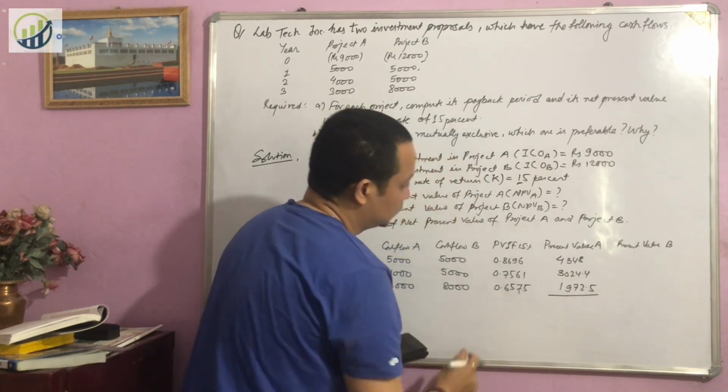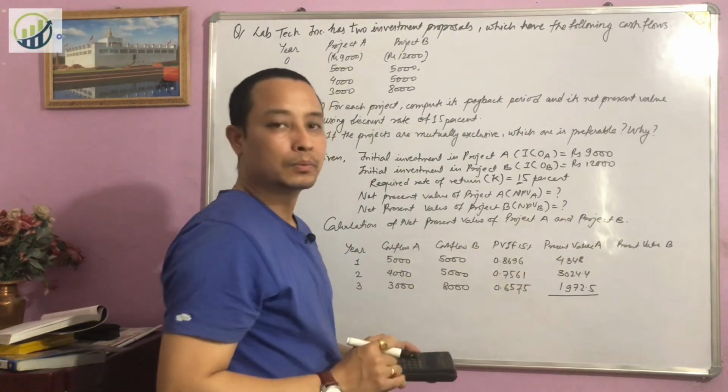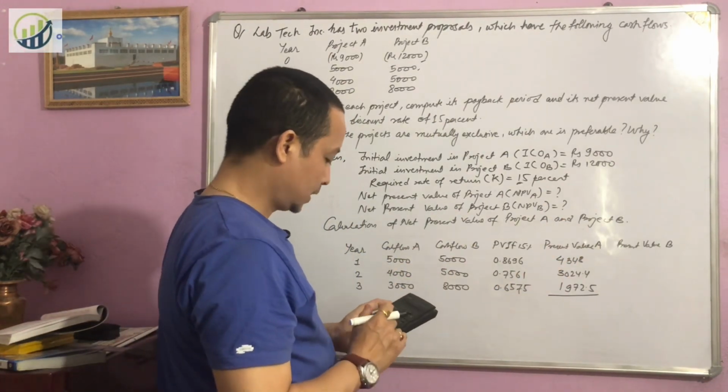So now you can add this. But before you add, first find the present value of project B.